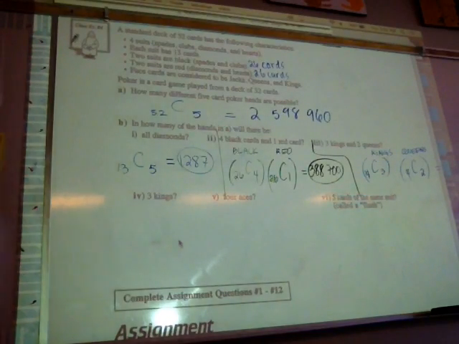So multiplying those combinations, I didn't calculate that, so we can do that together. If you guys get it, just shout it out. 24.